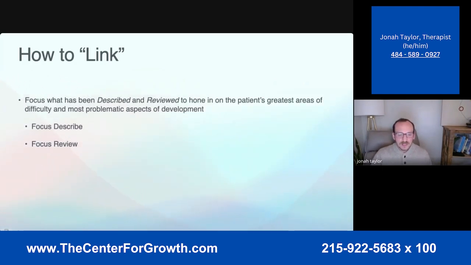What that means is you're focusing on what's been described and reviewed, what you've described about the person and their problems, what you've reviewed about their development, to hone in on the patient's or client's greatest areas of difficulty and most problematic aspects of development, because it's just too hard to try to focus super broadly on them. So you need to focus it in order to have something actionable to do in psychotherapy.